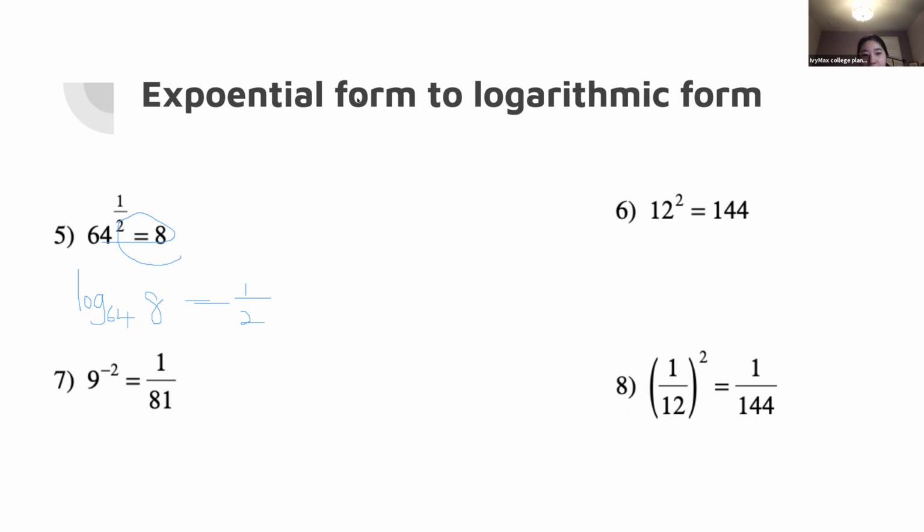And then same thing here. You do the E thing. First you went to 12, second you went to 144, and then third you went to the exponent 2.